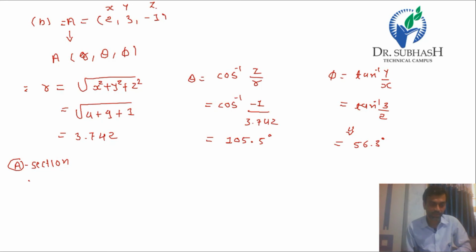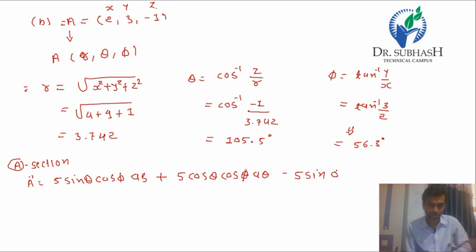So we get vector A equal to phi sin theta cos phi in AR direction plus phi cos theta cos phi in A theta direction minus phi sin phi in A phi direction.